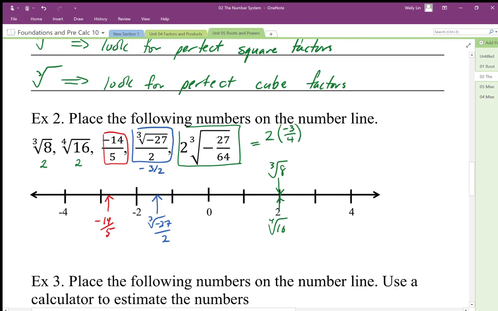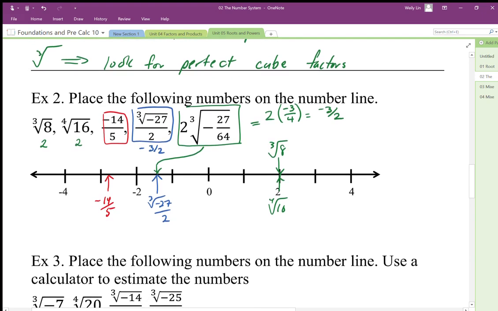The negative I can put either on top; I'm just going to put it with the top. I made that negative 27 cube root, 64 cube root. That works out to be negative 3 over 4. We can simplify that fraction, and that becomes negative 3 over 2. So we end up in the same spot. I'll just put an arrow there.